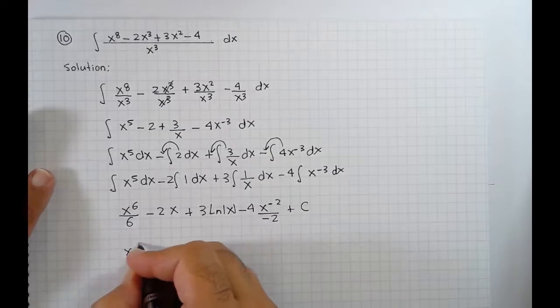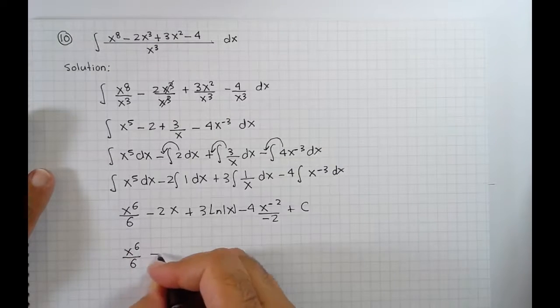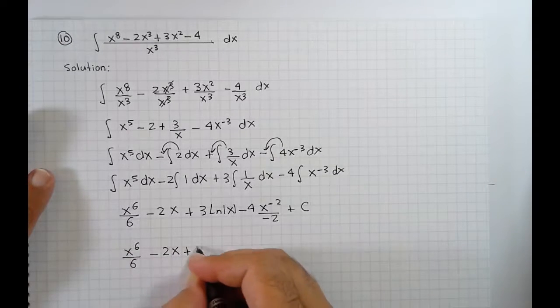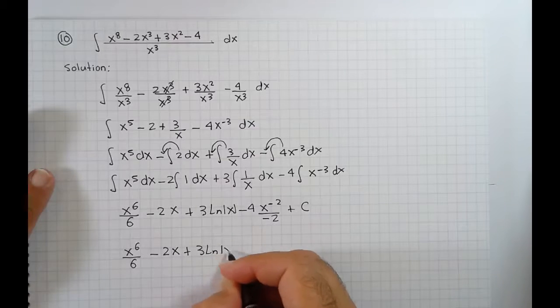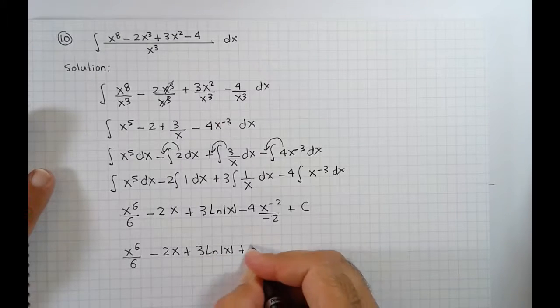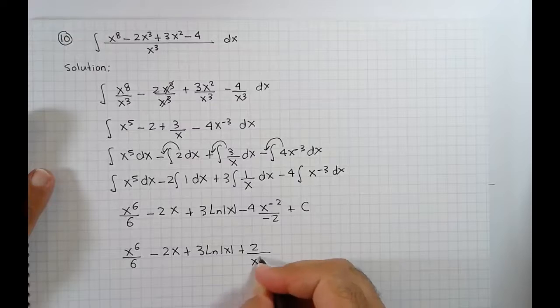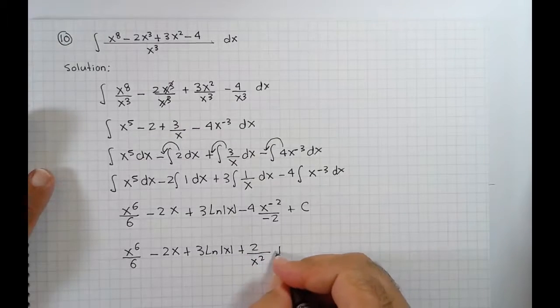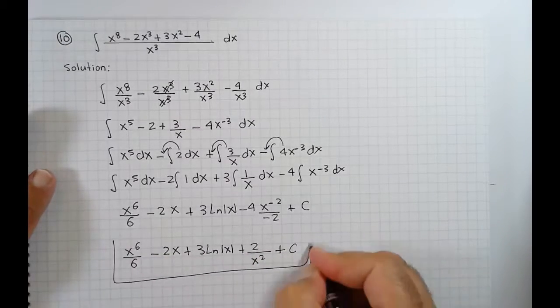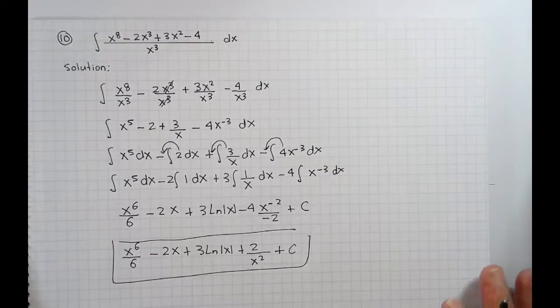Rewrite this as x to the 6 over 6 minus 2x plus 3 log x plus 2 over x squared, bringing x to the minus 2 to the bottom, plus c. That is the answer. Alright, thank you.